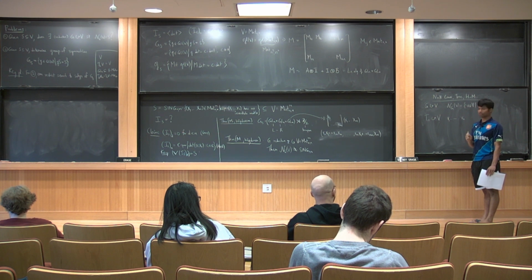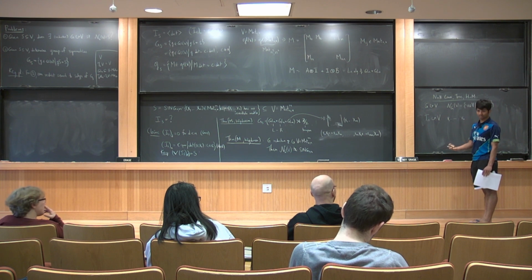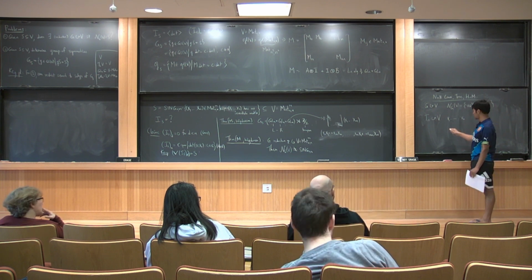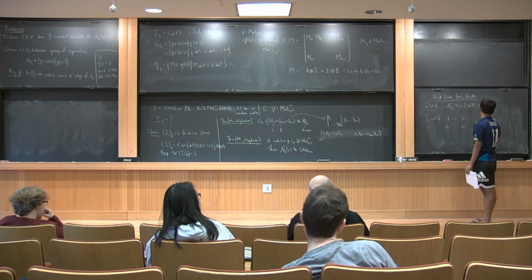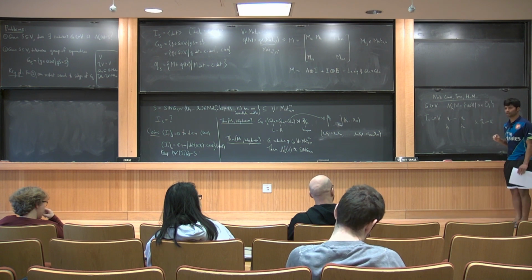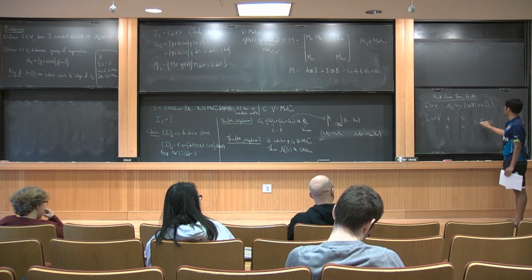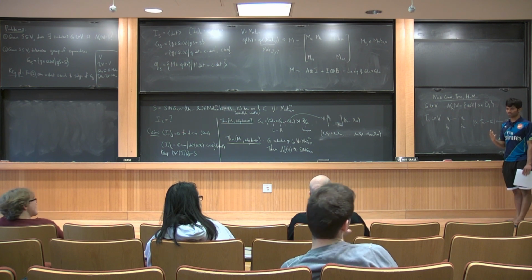These are eigenvectors for every element in my torus, so they have a corresponding eigenvalue, and that eigenvalue is a function from my torus to complex numbers. And we said these things can be identified with Z to the n. They have to have a special form.